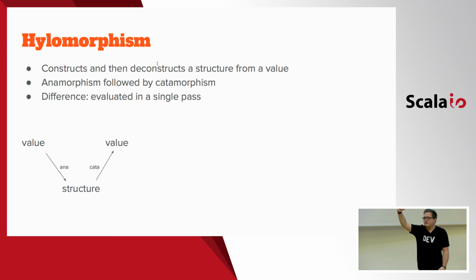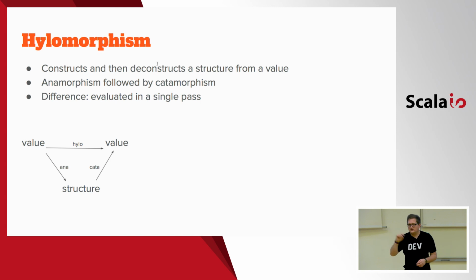Let's say we started with an integer and that gives us an expression of integer back, and then we run catamorphism, which will, let's say, evaluate that integer, or maybe create a string representation of that integer. So first ana, then cata. And hylo is basically that one single arrow here.